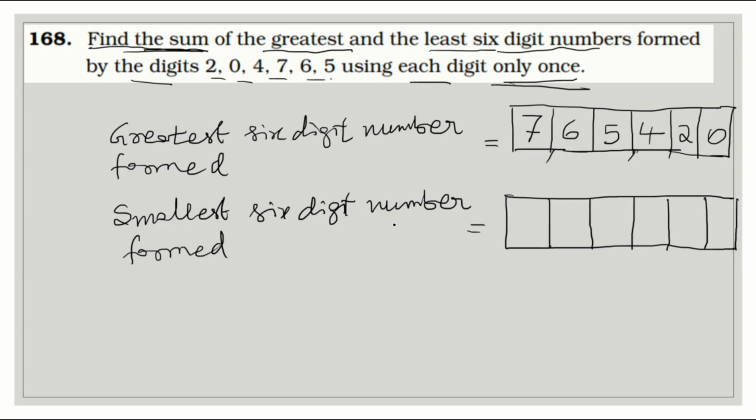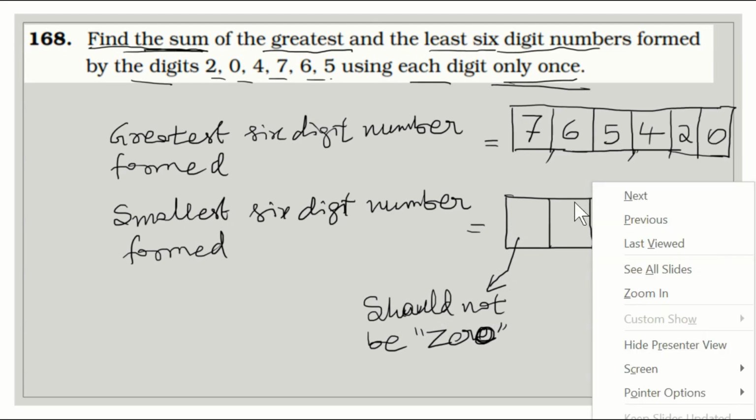Here, this place, that is the 1 lakh place, should not be zero. Why should it not be 0? If 0 comes here, then the number becomes a 5-digit number, isn't it?